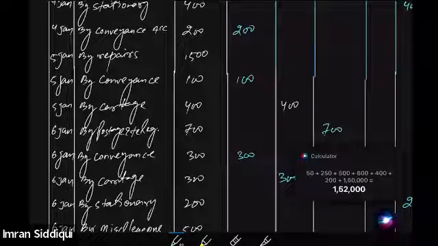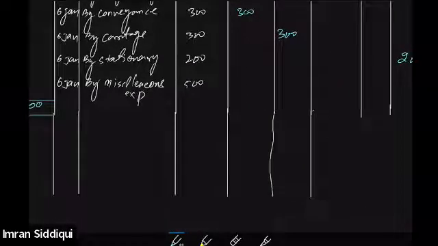After adding all of these values, we will get 6000. Sum total of it will be 6000.